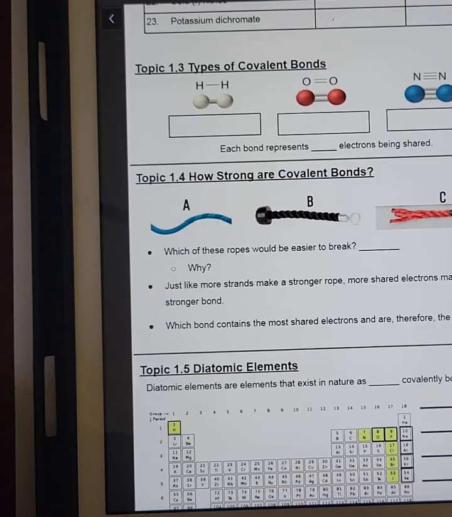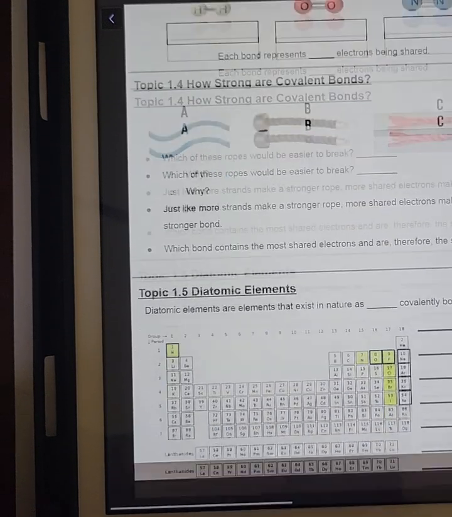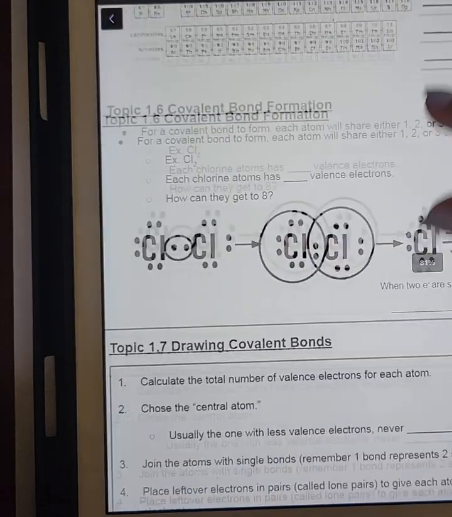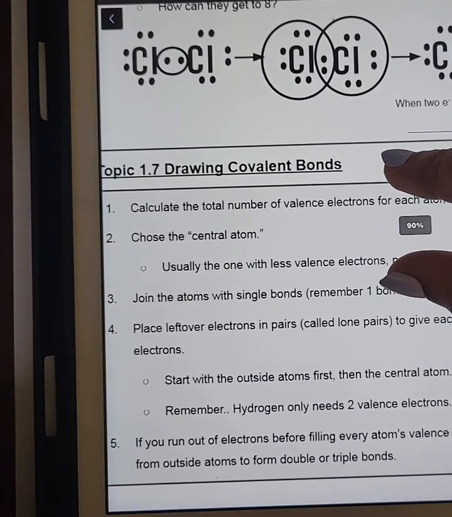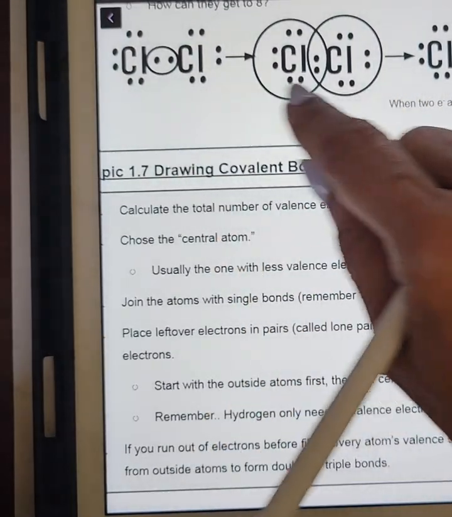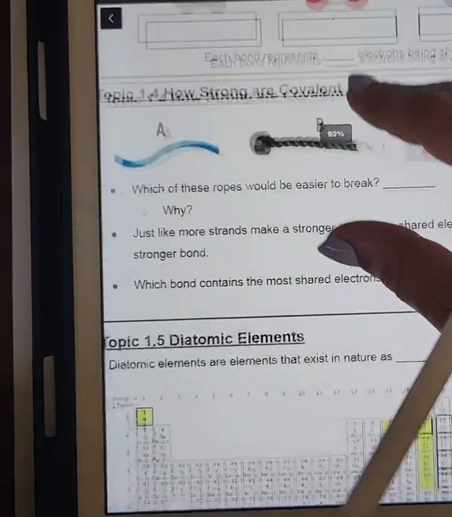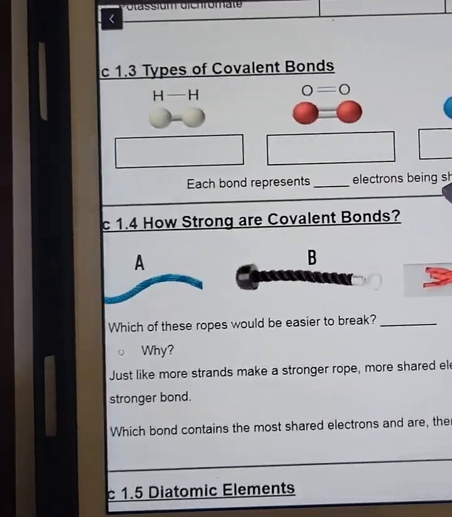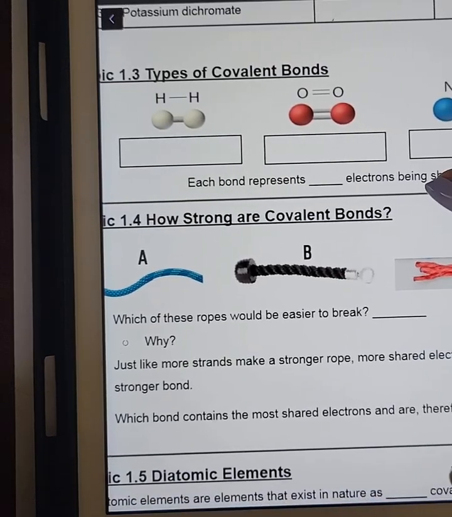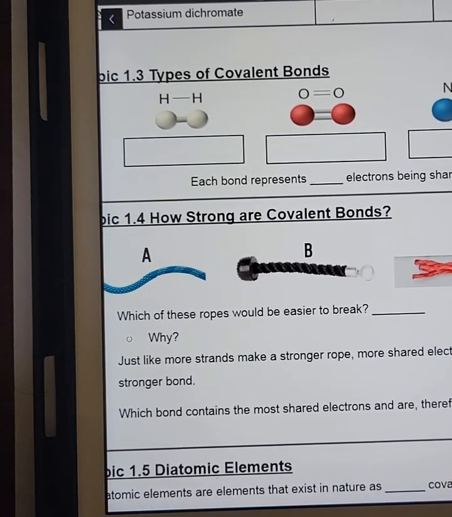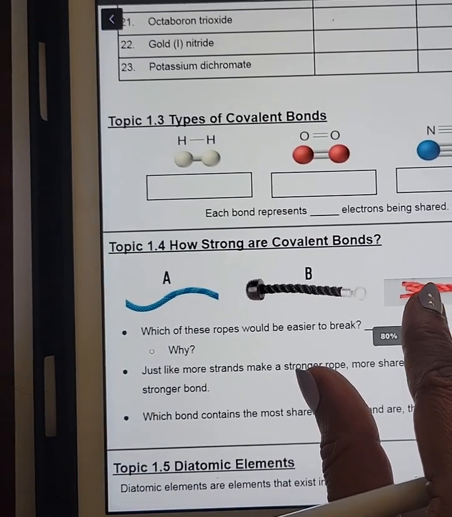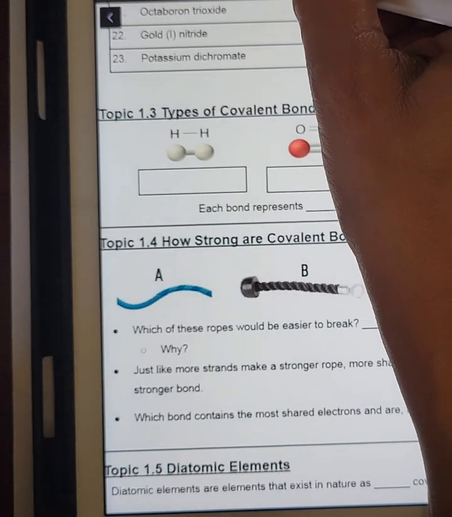It is types of covalent bonds. Okay, we said covalent bonds are formed by sharing electrons. Say for example, this one you can see chlorine on chlorine, they are sharing electrons. Okay, based on how many pairs they are sharing, we can classify that into 3 types. Okay, let's go ahead and see types of covalent bonds.